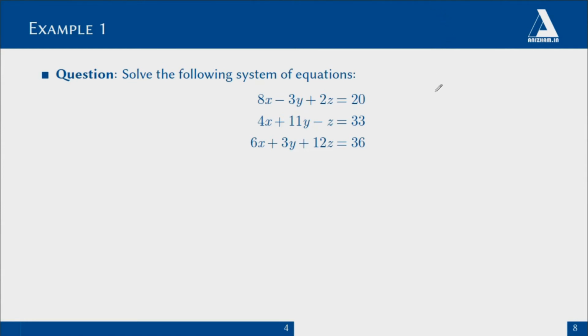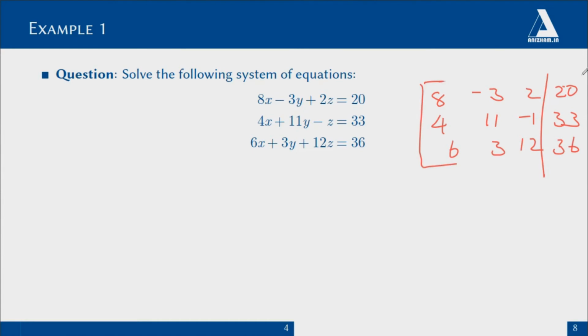The augmented matrix in this case will be 8, minus 3, 2, then the vertical line, 20; then 4, 11, minus 1, 33; then 6, 3, 12, 36.